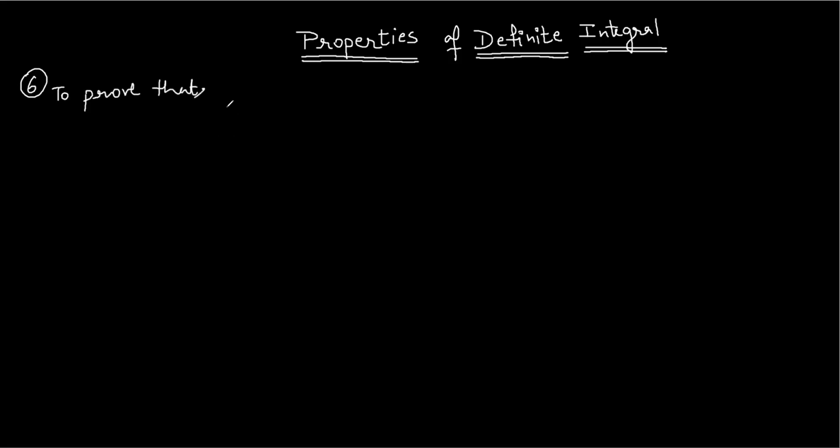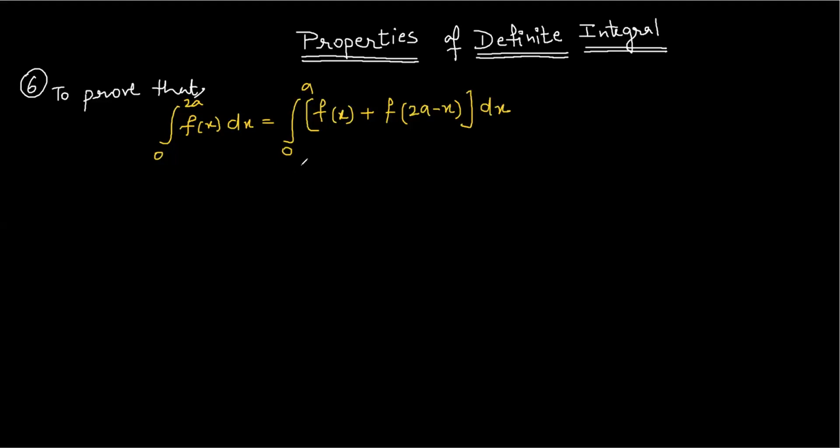to prove that integral 0 to 2a f of x dx is equal to integral 0 to a of f of x plus f of 2a minus x dx. We have to prove this.